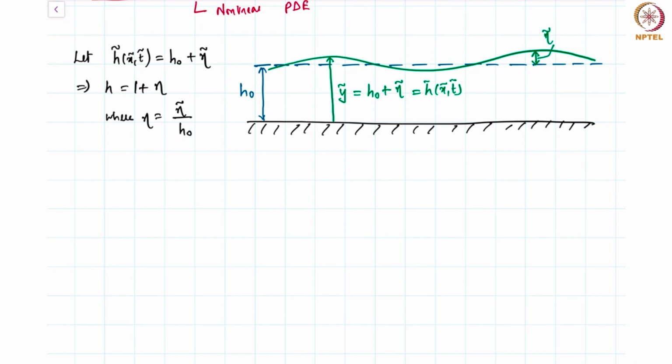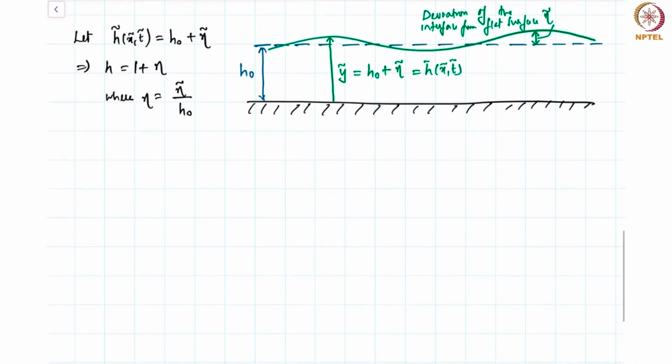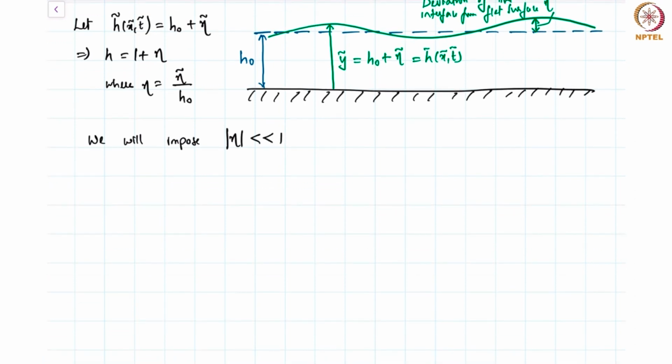This is the deviation of the interface from the flat surface. Okay. We will also say that the magnitude of this eta is much smaller than 1. So in other words, 1 plus eta is approximately 1, okay, but with a small term.